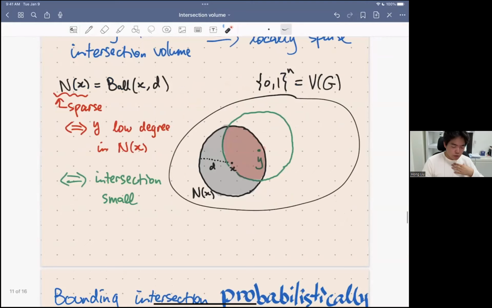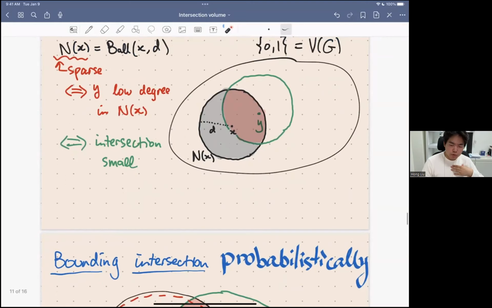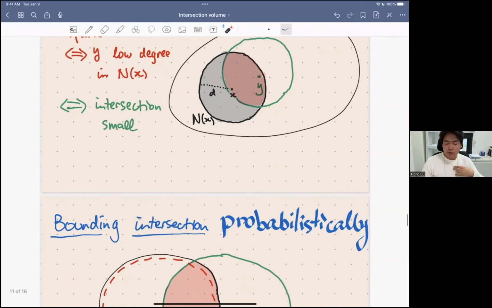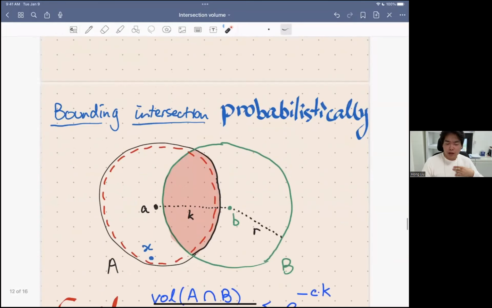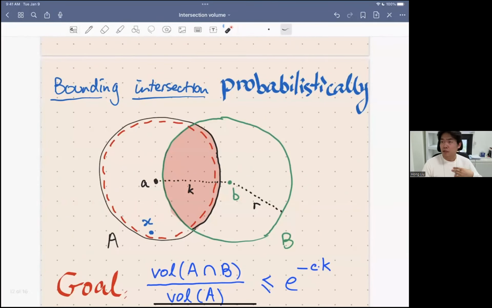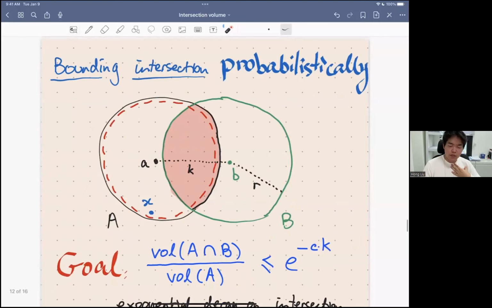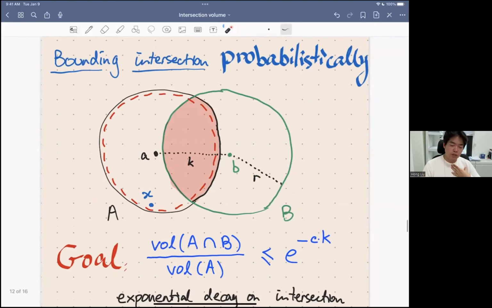So now we want to take a different approach. We don't want to compute things, we want to bound the intersection volume probabilistically. Here's a very easy way to interpret things in a probabilistic way. So our goal, once again, we have these two identical balls, the black one and the green one.